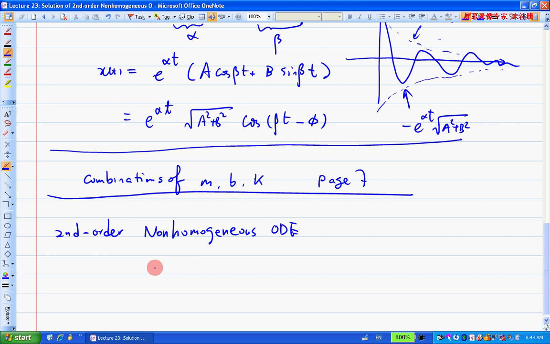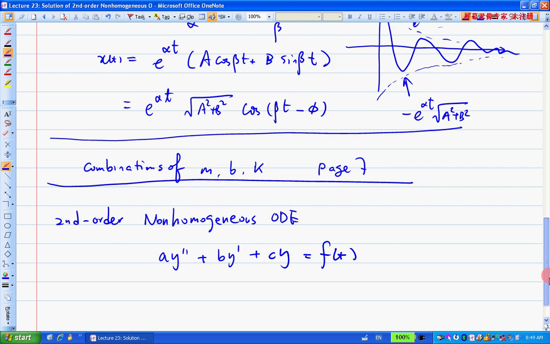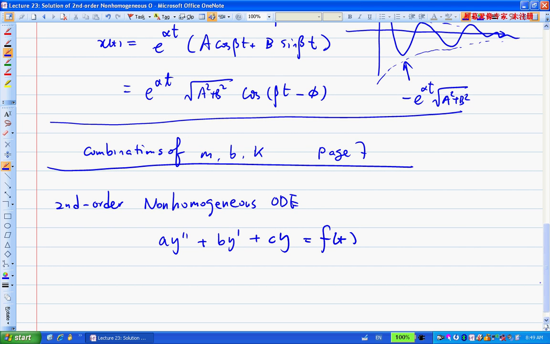Okay. So let's lay down a general format for the second order one here. There we go. So this is the second order non-homogeneous ODE. A, B, C could be constant, could be time varying parameters, right? Yeah, just in case.